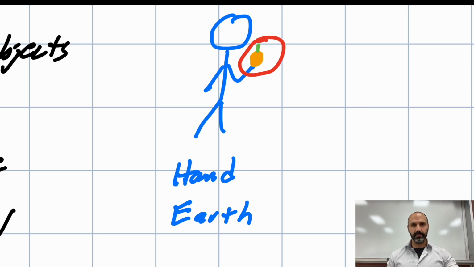Oftentimes people will say gravity. Gravity is not an object. And I emphasize to my students that it's important to think about forces as an interaction between two objects. There are types of forces: gravity, tension forces, centripetal forces, lots of different kinds of forces. But we want to be clear about labeling the objects. Otherwise, we tend to throw in imaginary forces.